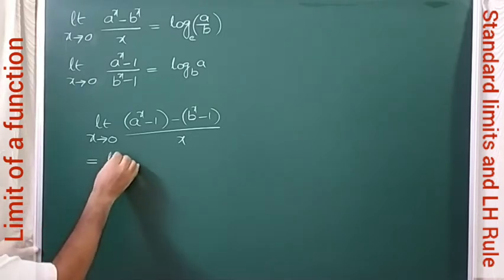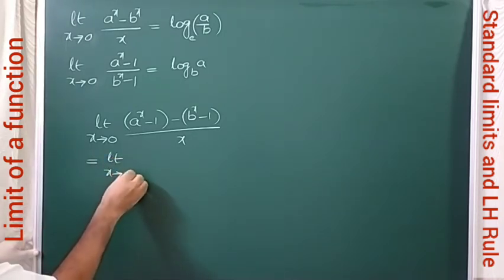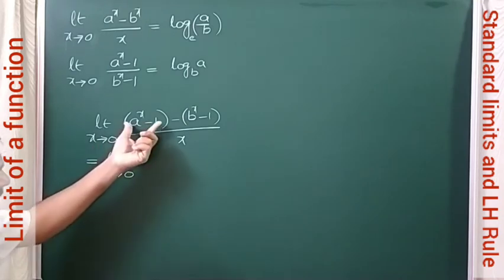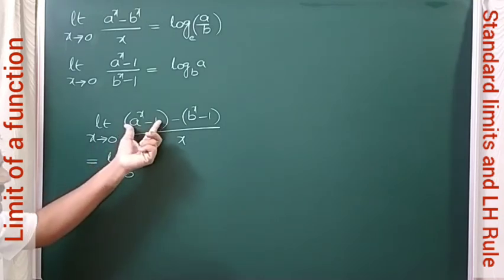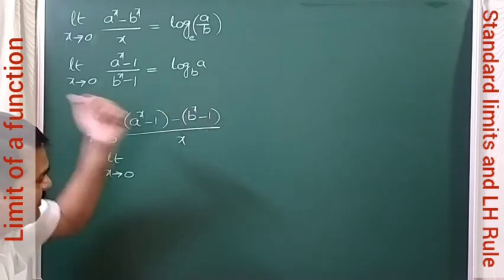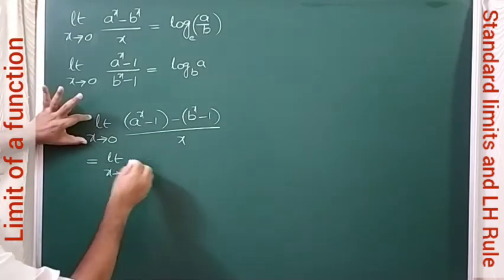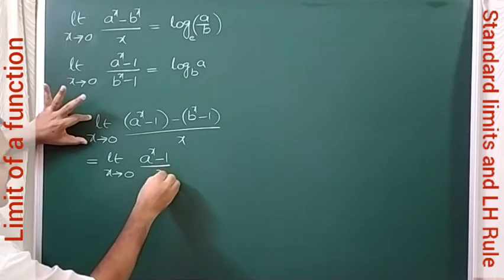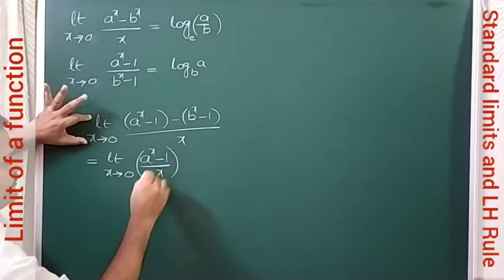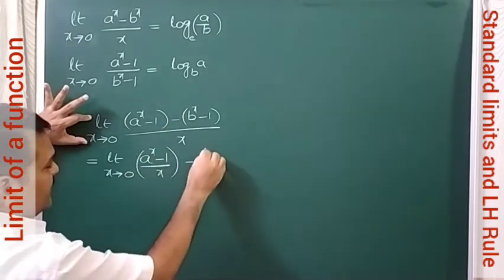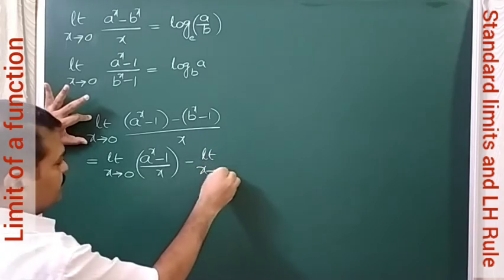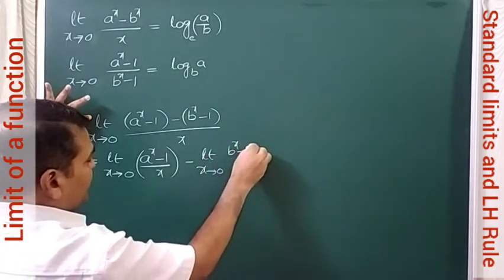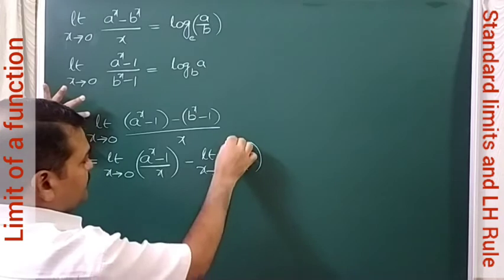So now limit x tends to 0, I will separate the limit for this term separately and this term separately. So I will write like this: limit x tends to 0, a power x minus 1 by x, minus limit x tends to 0, b power x minus 1 by x.